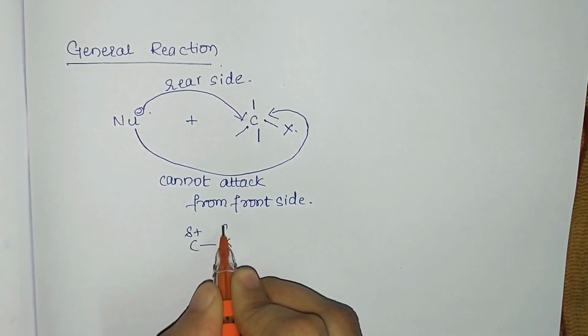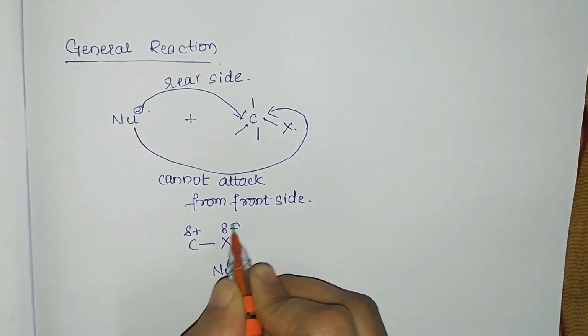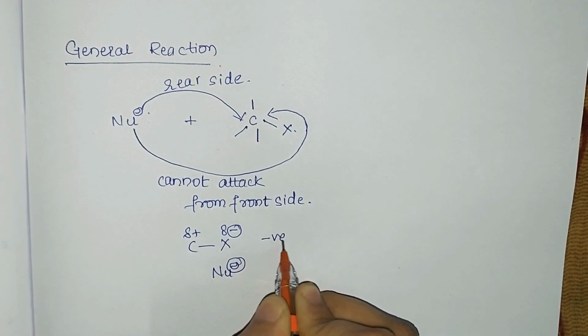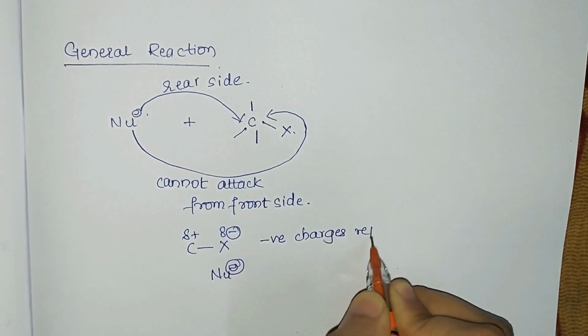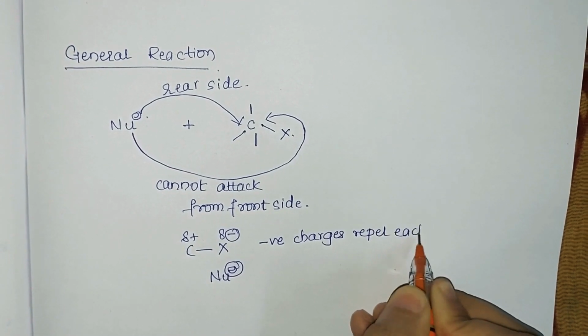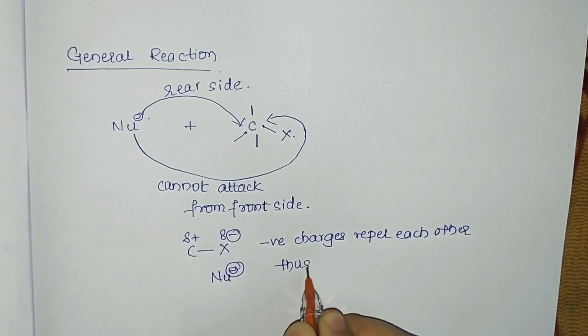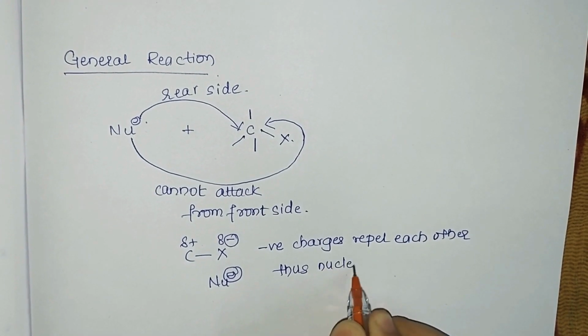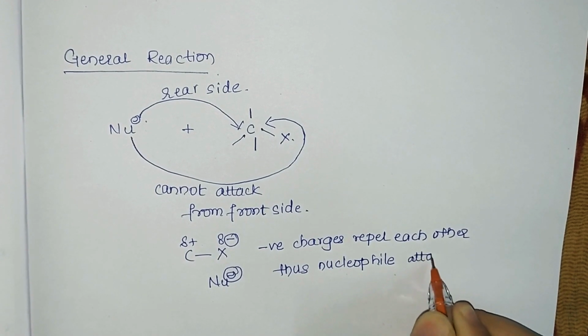We have studied that the carbon halogen bond is a polar bond. So the halogen will be partially negatively charged. We have already studied that negative charges undergo repulsion. So repulsion here means the nucleophile will repel each other. Thus the nucleophile cannot attack from the front side in case of the SN2 mechanism.